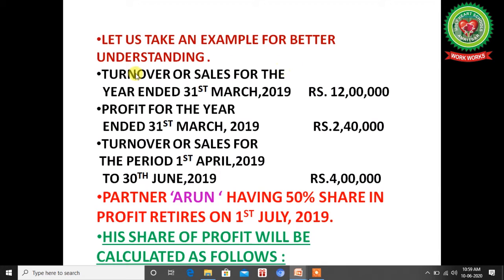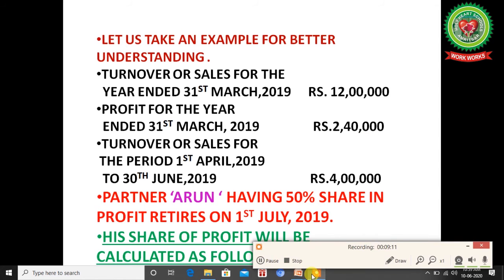Now let us take an example for better understanding. Turnover or sales for the year ended 31st March 2019 is 12 lakh. Profit for the year ending 31st March is 2,40,000.